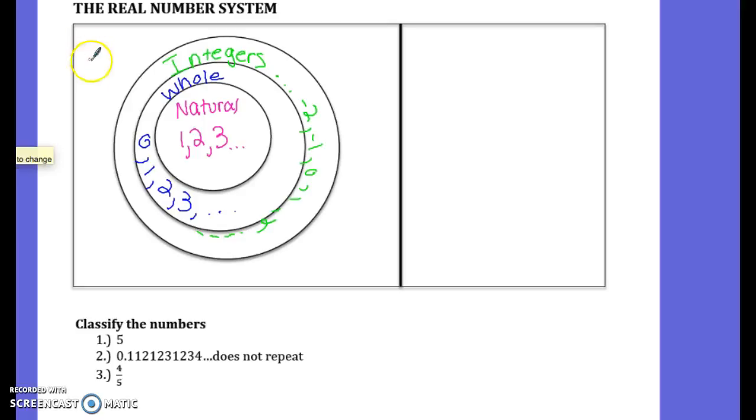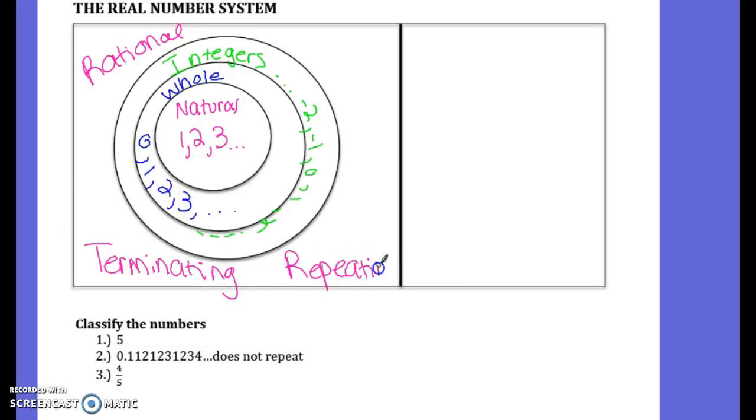Then, all of a sudden, you know about rational numbers. And in rational, you have your terminating and your repeating decimals. So that's 1/3, 2/5, 6 over 7, so on and so forth.